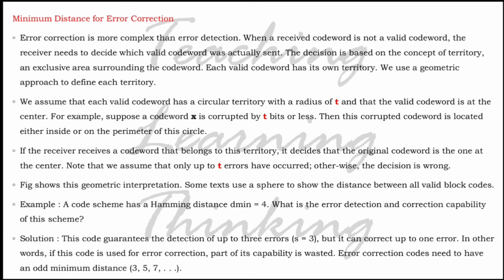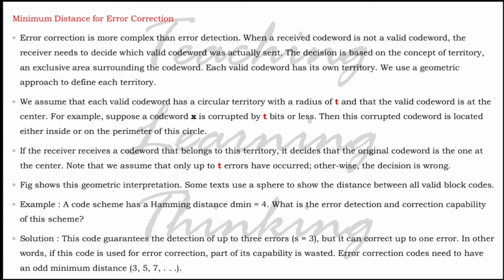If the receiver receives a code word that belongs to the territory, it decides that the original code word is the one at the center. Note that we assume only up to t errors have occurred, otherwise the decision will be wrong. The figure shows a geometric representation. Some texts use a sphere to show the distance between all the valid code blocks.